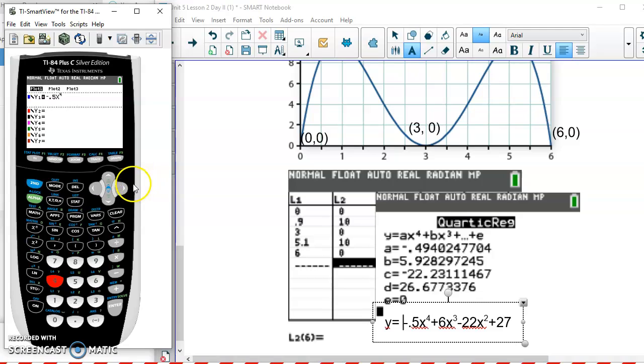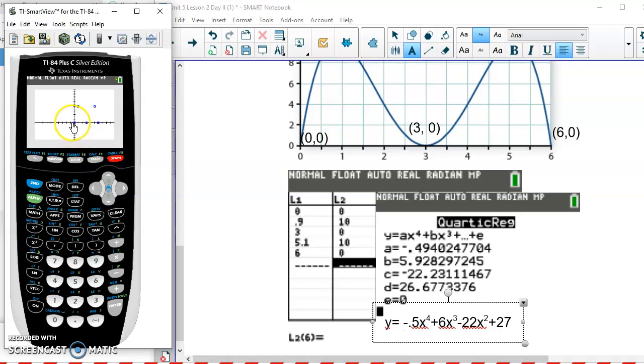All right, bump it down, plus 6 x to the 3rd, minus 22 x squared plus 27.